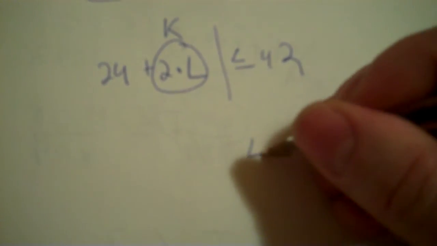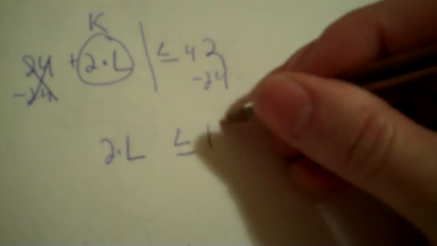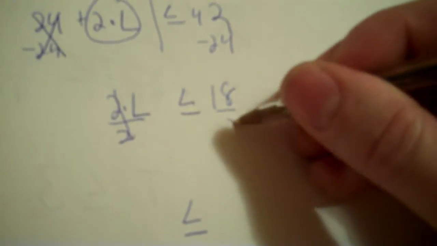You keep the sign the same, but you have to take out your 24. Okay, so minus 24, minus 24. So 2 times L, 42 minus 24 is 18. Then we divide each side by 2. You have L. 18 divided by 2 is 9. Okay? So length L less than or equal to 9.